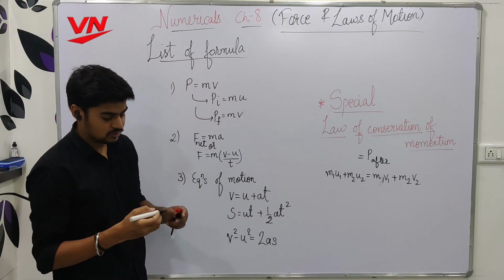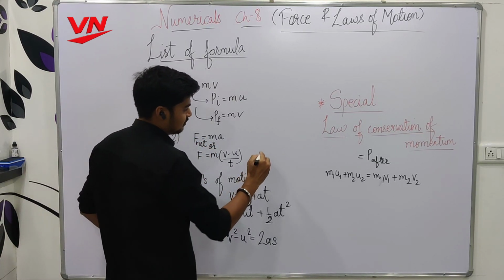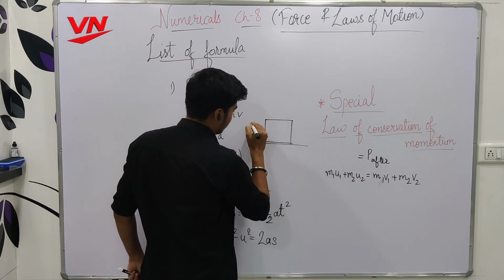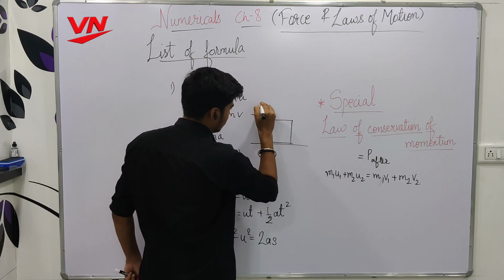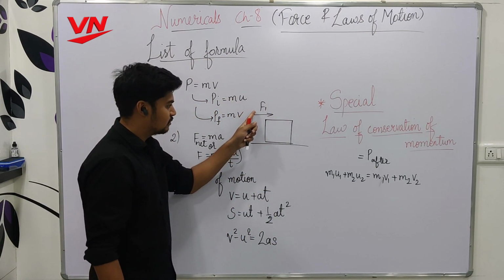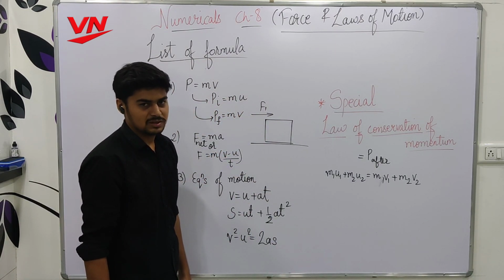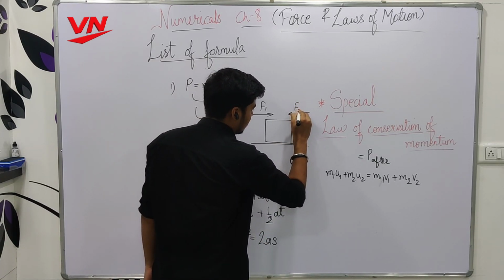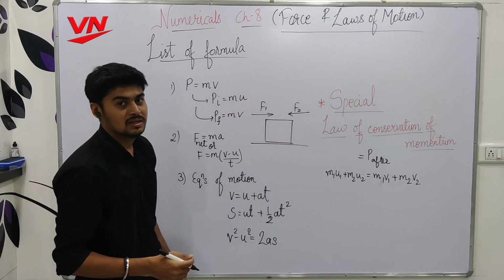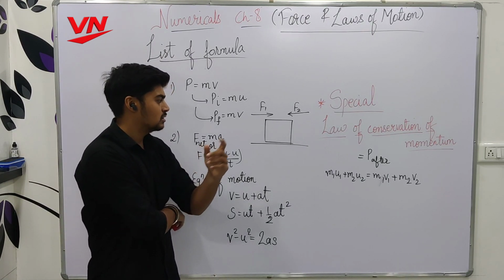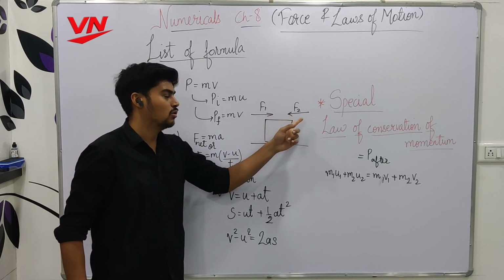What is this net force? For example, if there is a block, and one force is in this direction, F1. Whenever we see this direction, we can take that particular direction as positive if you want. Now if there is another force acting in the opposite direction, then while applying Newton's second law, I will not just take either F1 or F2.